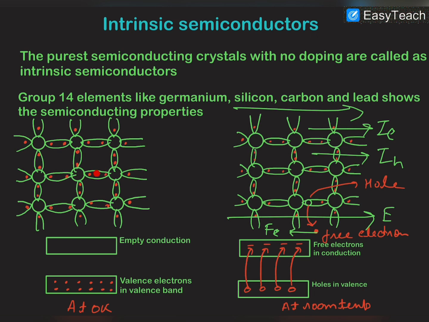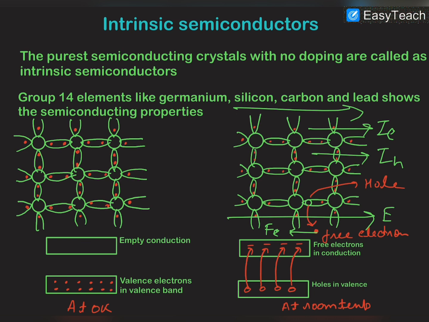This is the scenario shown at 0 Kelvin, in which all of the electrons are bonded with covalent bonds and none of the electrons is free. So we can say that at 0 Kelvin all the electrons are in the valence band, and the conduction band is empty.